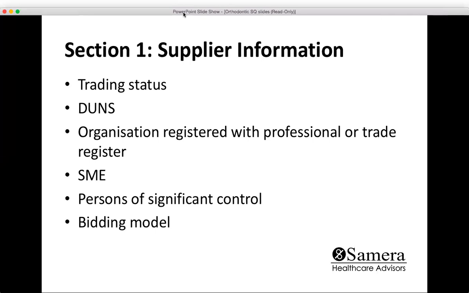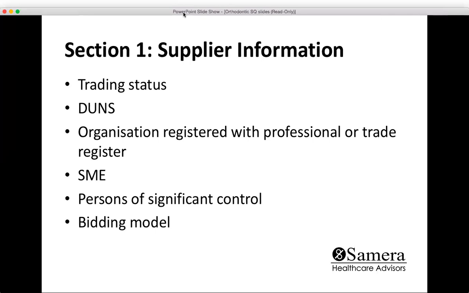Yeah, definitely. What's DUNS? DUNS is a number. If you are a limited company, every limited company can get a DUNS number. This is from Dun & Bradstreet, who are commercial agents basically, and they track the credit rating and standing of companies.